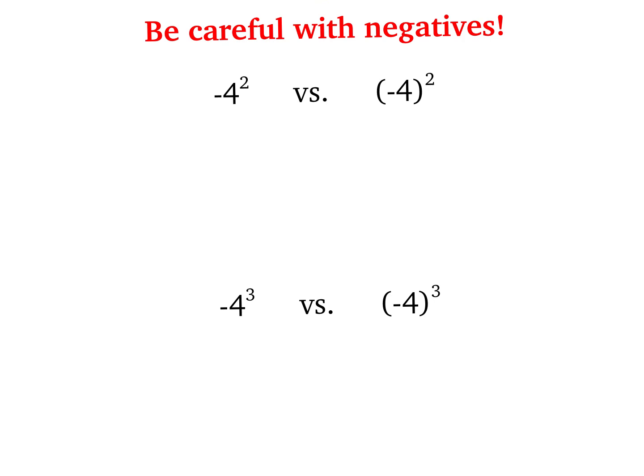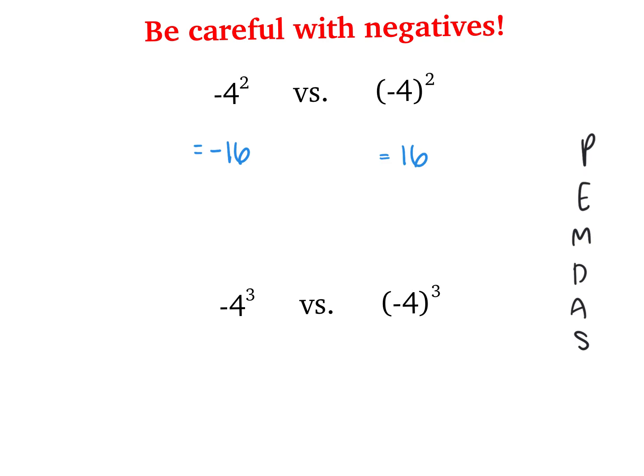Be careful with these problems and negatives because, believe it or not, the first two problems actually have different answers. If we think about the order of operations, or PEMDAS, the exponent is going to get evaluated first. So if you type these two into a calculator, it's going to tell you that this has an answer of negative 16, where the second one has an answer of positive 16.